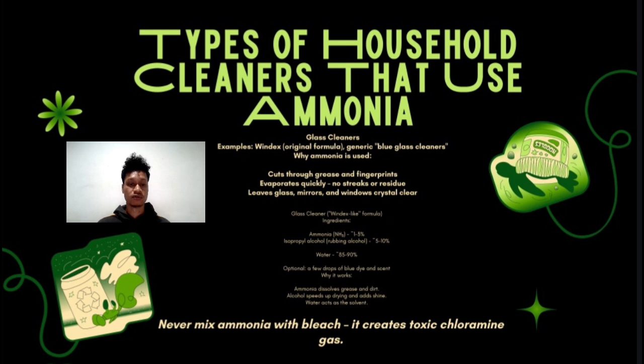It is used from 1 to 3%, and isopropyl alcohol, which is like a rubbing alcohol, has to be from 5 to 10%. And also from that, we use water. It's very important. Water has to be from 85 to 95%.